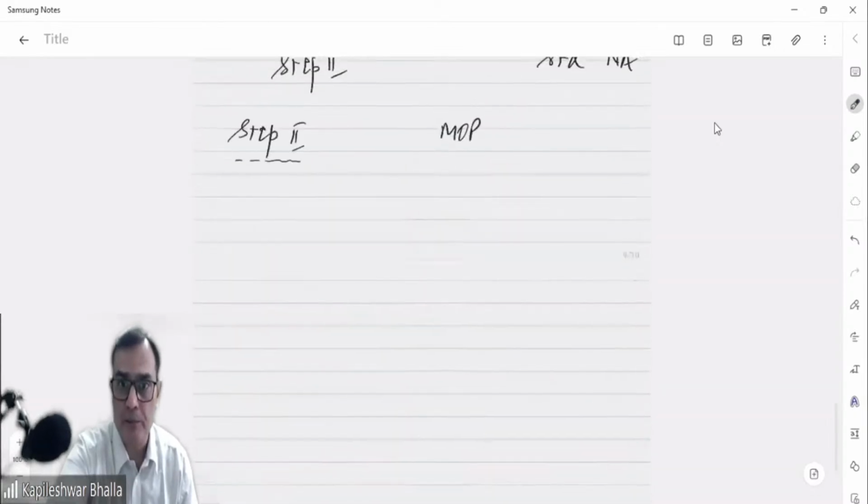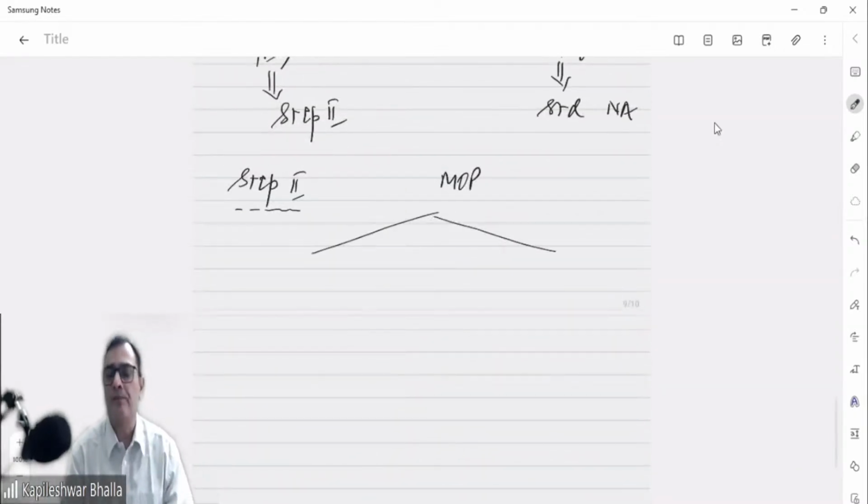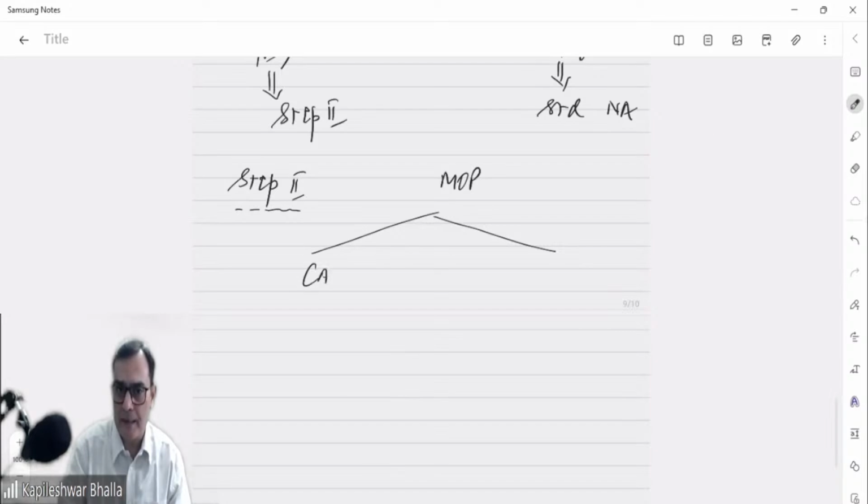There are going to be two modes of payment. More or less, you can say it is an exhaustive list. One is that you pay in cash, and one is that you use your equity share as a currency note.